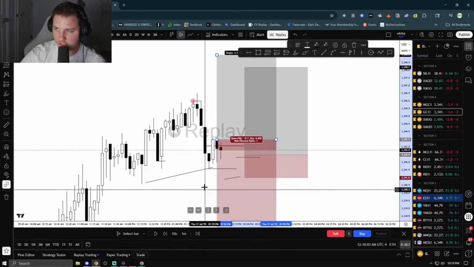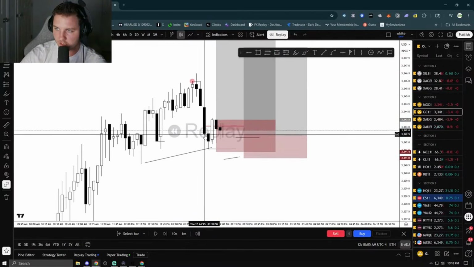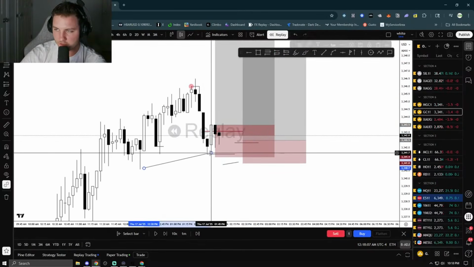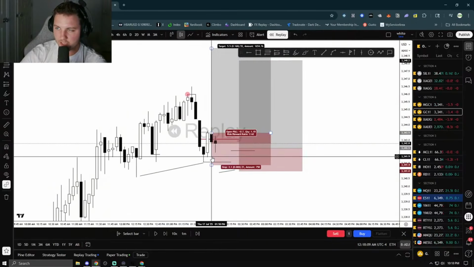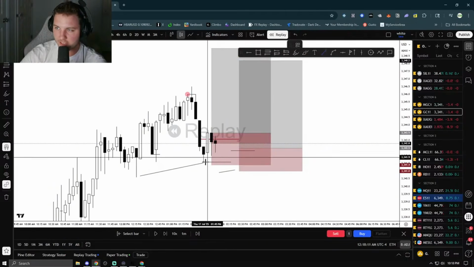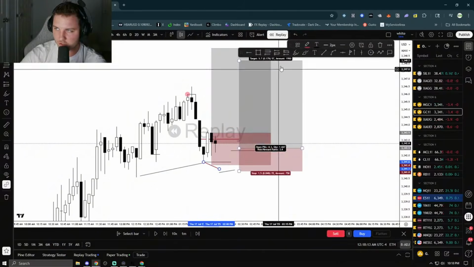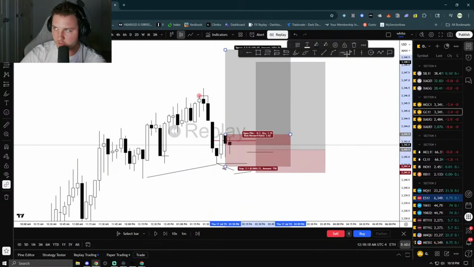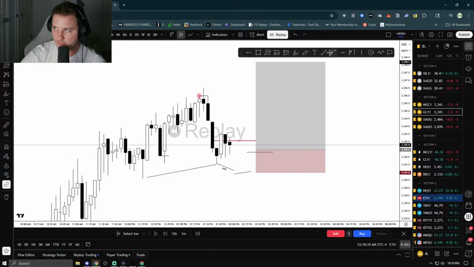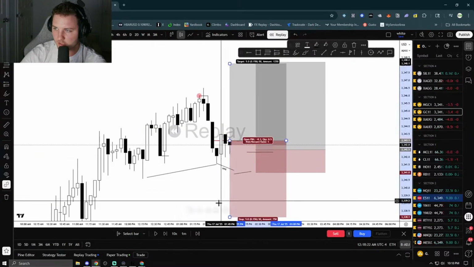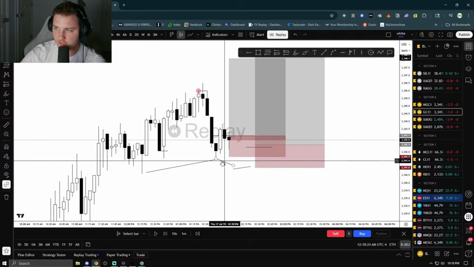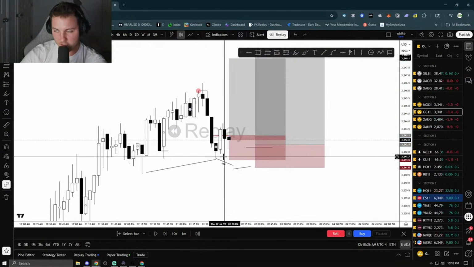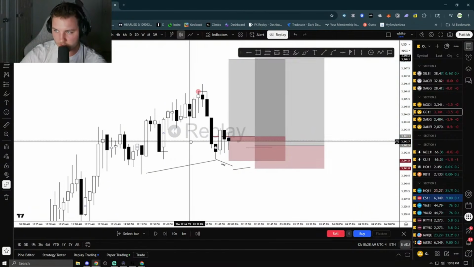So then you enter here because you're like, oh yeah, a little swing point, SMT. The problem is, unless we have an internal, this is where stage 2 comes in. Because we reverse off the previous candles, that's where you want to look for reversal.